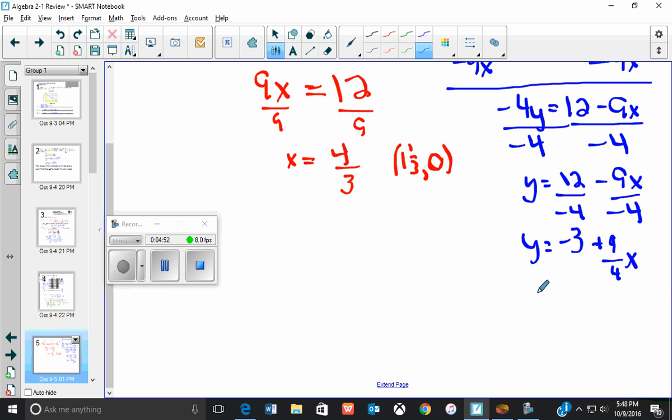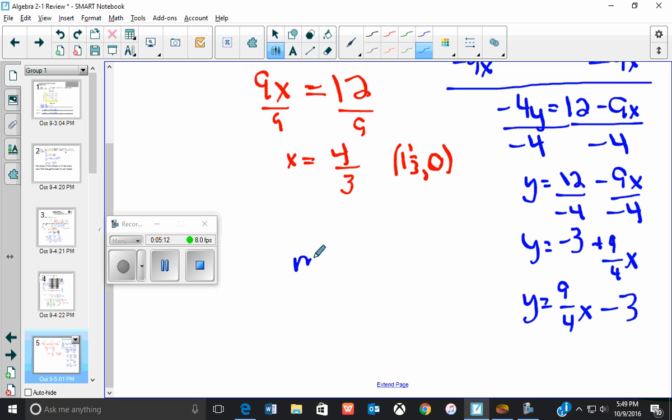We're trying to get it to y equals mx plus b. So y equals mx is over here. So 9/4 x plus b, so that's minus 3. So we just figured out the slope.